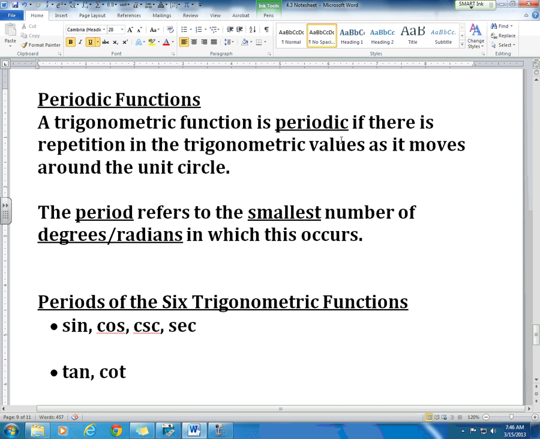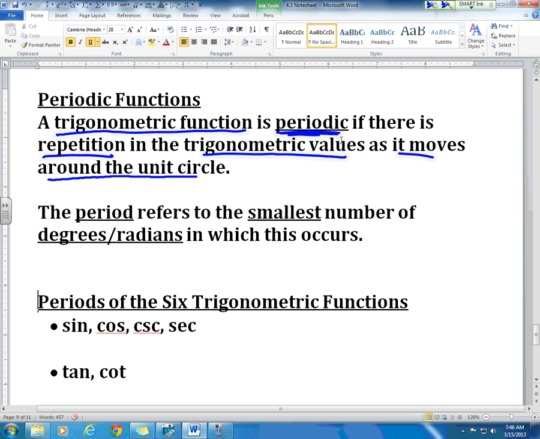We're going to start by talking about every single trigonometric function. If you look at your trig value chart that you filled in, we talked about the fact that there are patterns. And these patterns relate to what's called the period of these functions. A trig function is periodic if there is repetition in the trigonometric values as it moves around the unit circle.